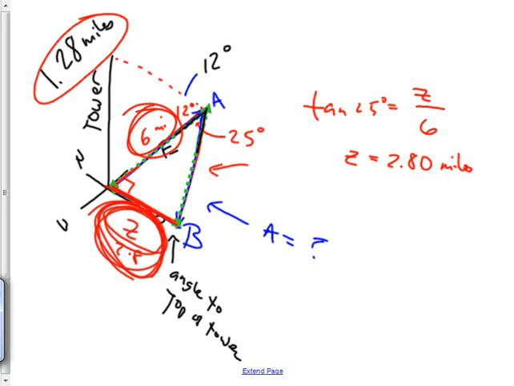All right. So what if they said from the tower he headed directly east, but there were two people walking away from the tower. One of them was heading directly east.